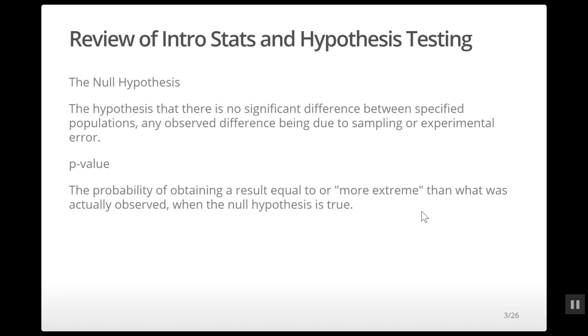So if you're talking about population means, the null hypothesis is that the mean of population 1 is equal to the mean of population 2. Or if we're talking proportions, the proportion of population 1 is equal to the proportion of population 2. If we're comparing populations, the null hypothesis is that the two populations we're comparing don't have any difference.